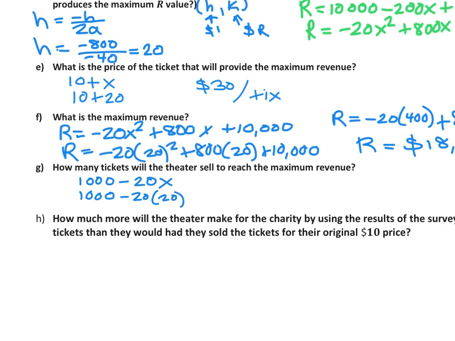And so we have 1,000 minus 400. So our total seats that we're going to fill is going to be 600 seats, or 600 tickets sold.